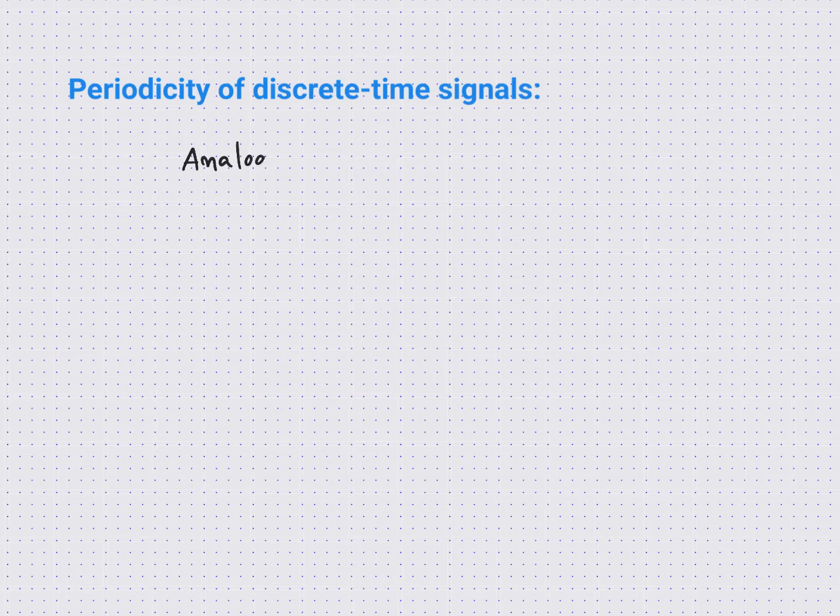For the analog case, you may remember that for the analog signal, if x(t) is equal to x(t plus or minus T), maybe I use the word T naught, then in this case the signal, for all t, we call periodic.